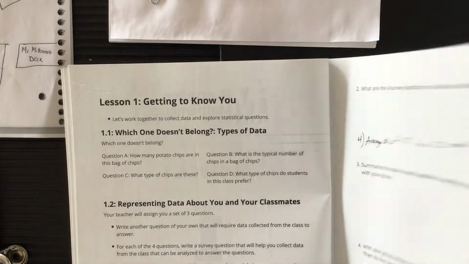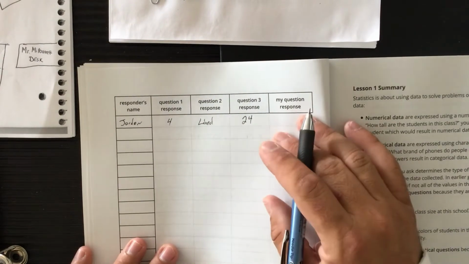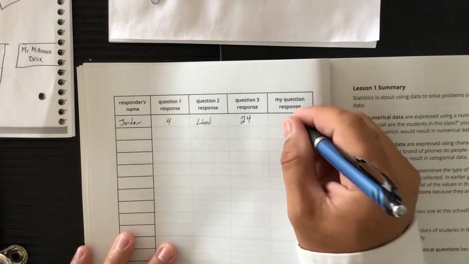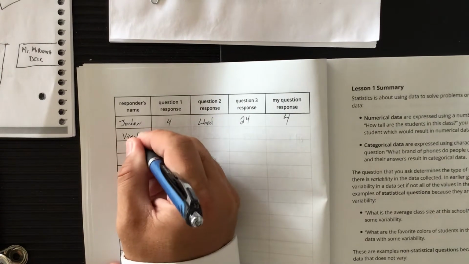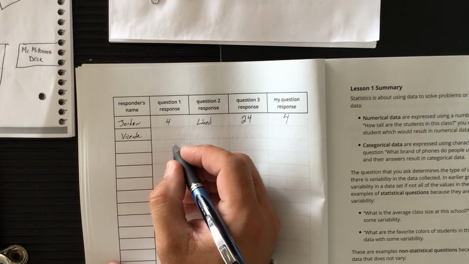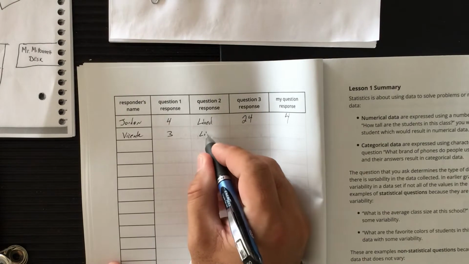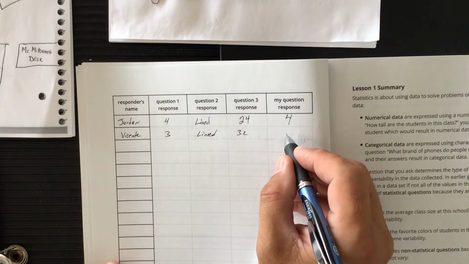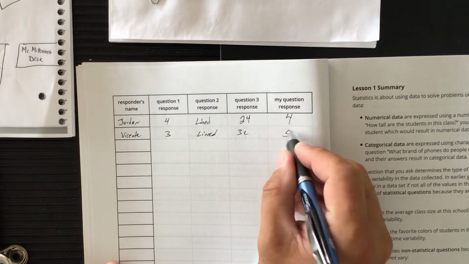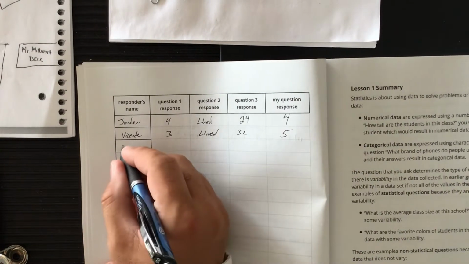And how many chocolate chips do you think should be in a chocolate chip cookie? 4. Vicente, 3, lined, 32, and 5. How many? 5?